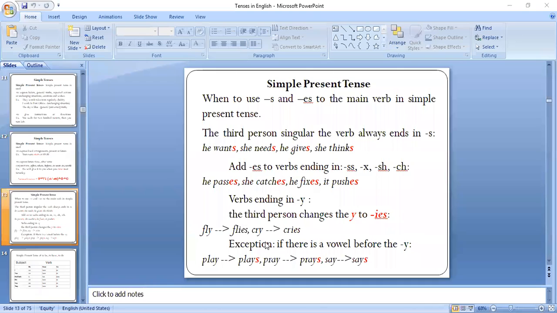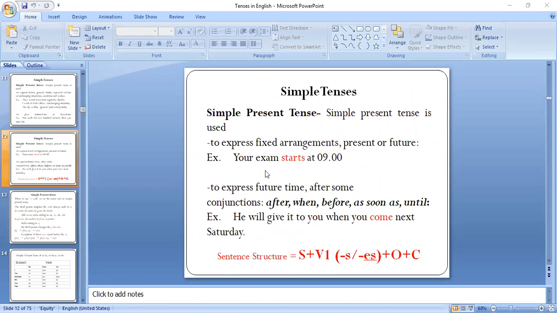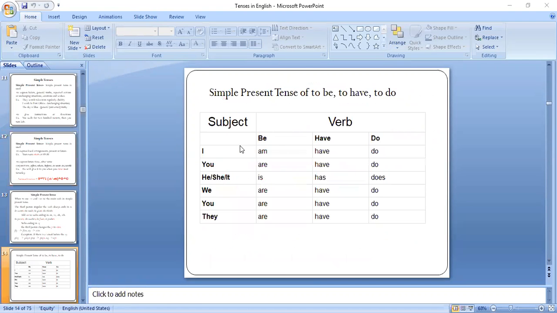And what is the exception to this rule? When there comes a vowel before the ending y, then we have to just add the s suffix to that verb. We are not going to add ies because a vowel has come before y. So these are some of the rules that we have seen.